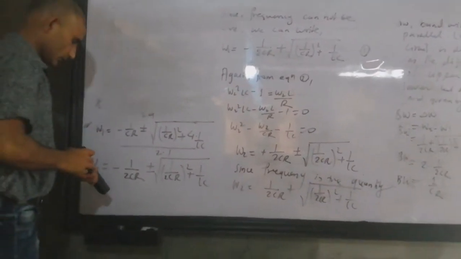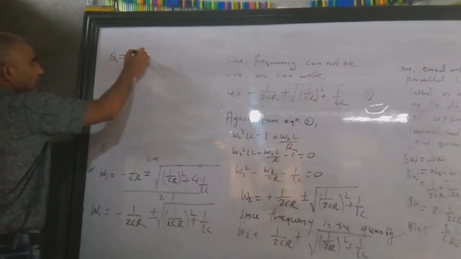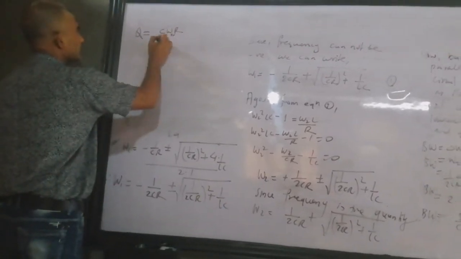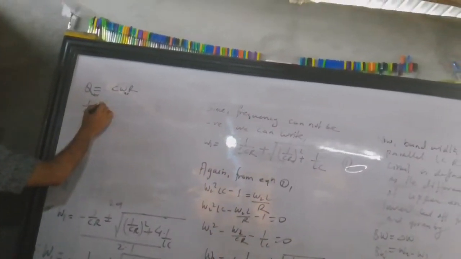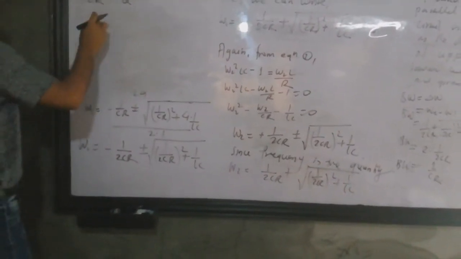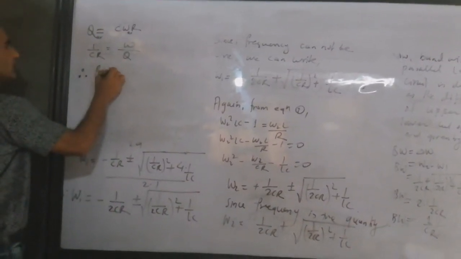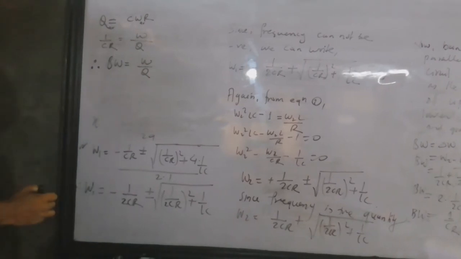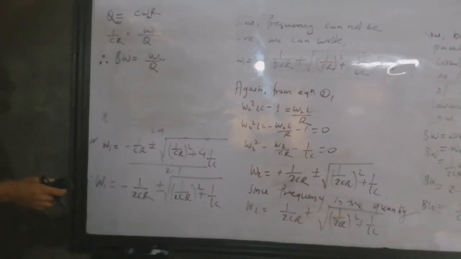Quality factor equals C omega R, but this is at the anti-resonant frequency, so we can get 1 by CR equals omega by Q. So we can write the bandwidth in terms of the quality factor: bandwidth equals 1 upon CR, which is omega upon Q. So this will be the bandwidth related with the anti-resonant frequency.